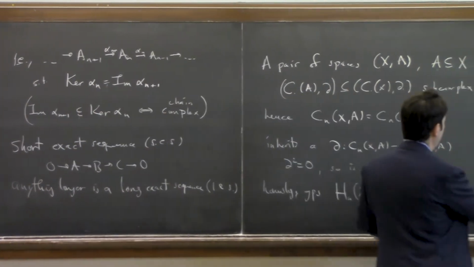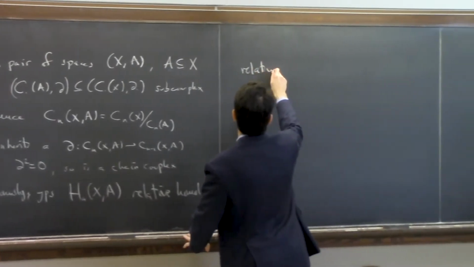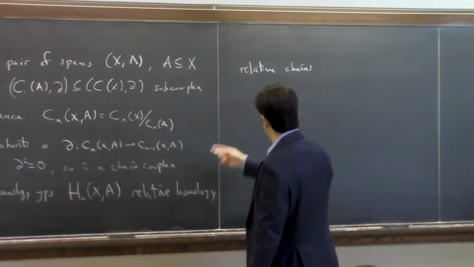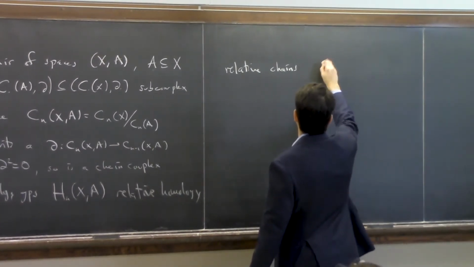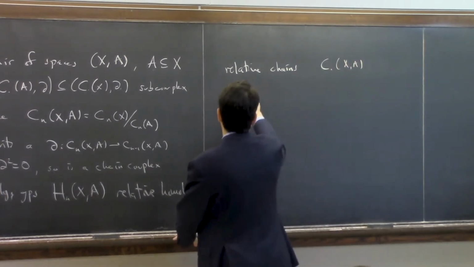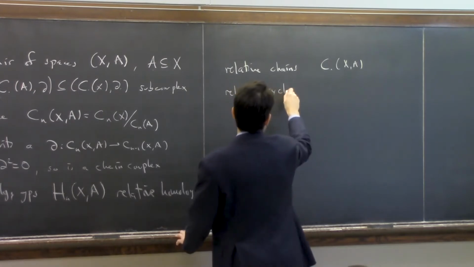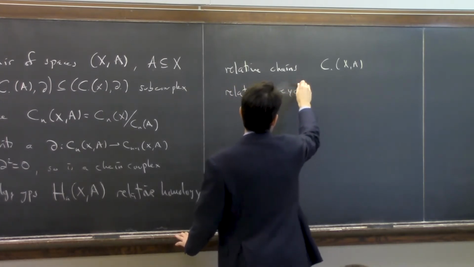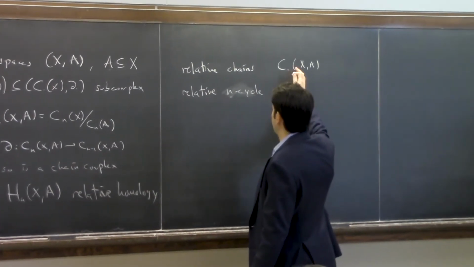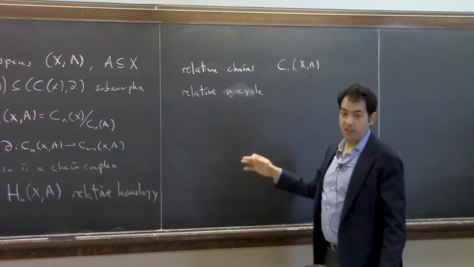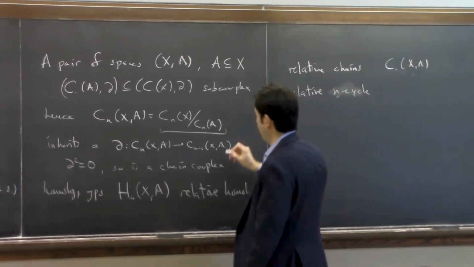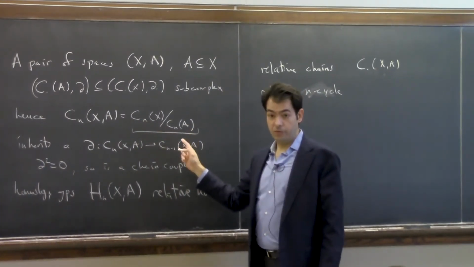So we have relative chains, which of course are just elements of the quotient. Now, by a relative n cycle, we mean an element here that gets killed by the boundary. But an element here is an equivalence class in this quotient group.